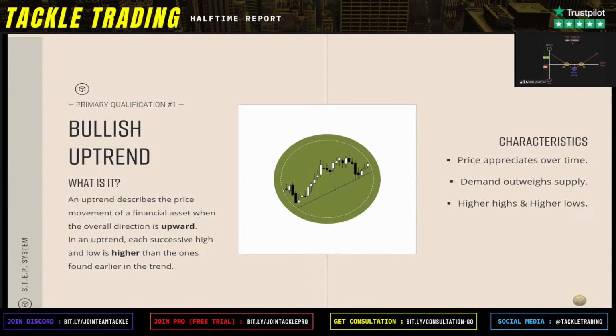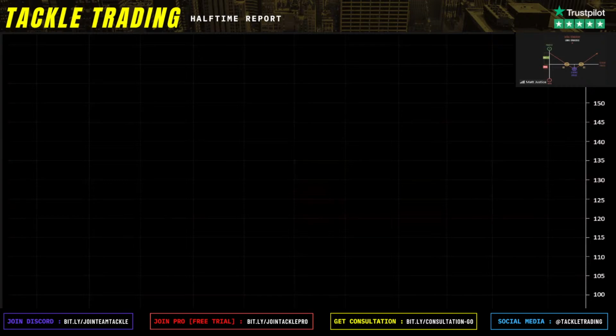And because the demand versus supply equation is predictable, it does equate to a series of higher highs and higher lows. So we look at a bullish uptrend as a series of higher highs, higher lows, higher highs, higher lows.